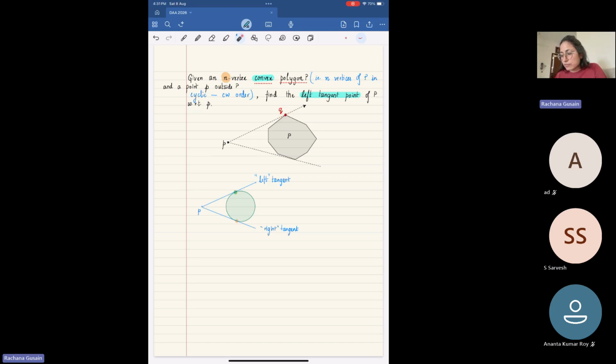What I'm saying is that there will be two tangent lines from P. One is this left tangent, the other is this right tangent. Accordingly, we will have a left tangent point, which is this Q, and a right tangent point. Let me call that R. This is the right tangent point.